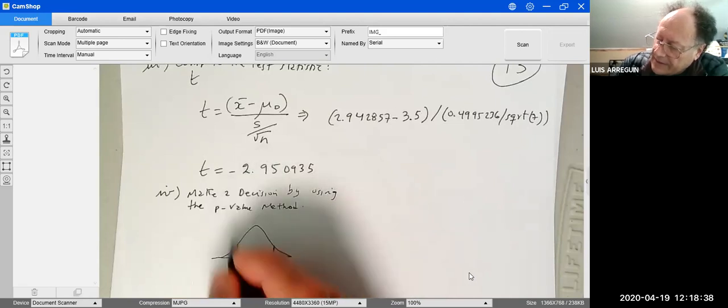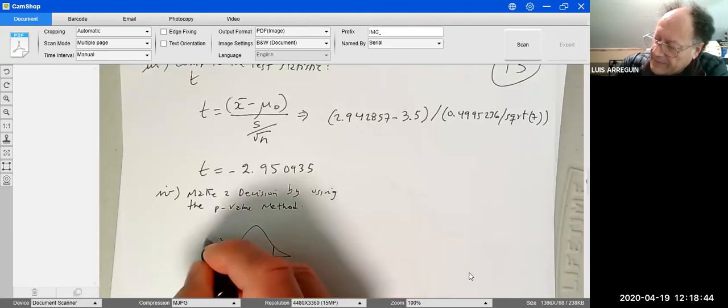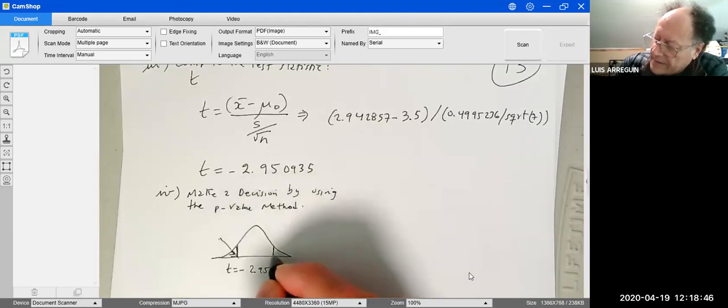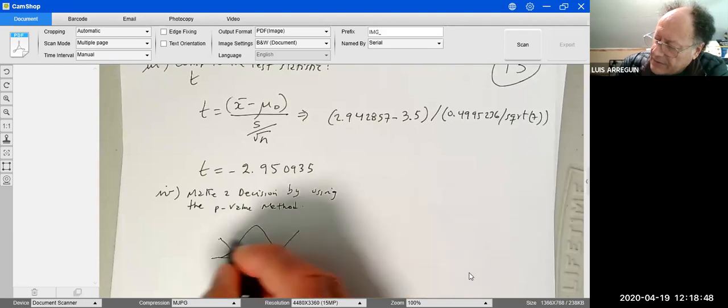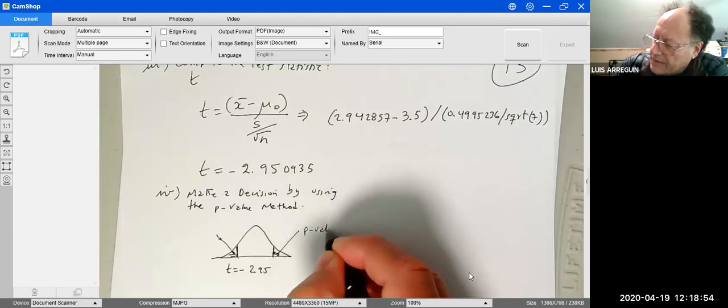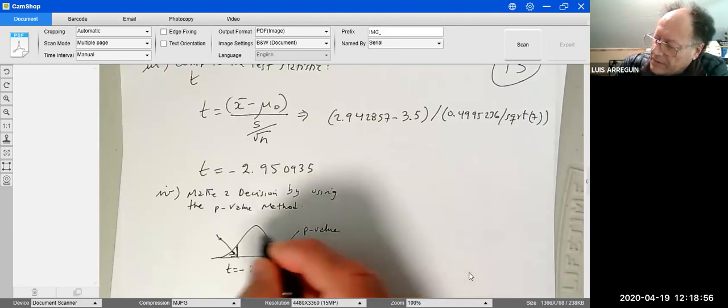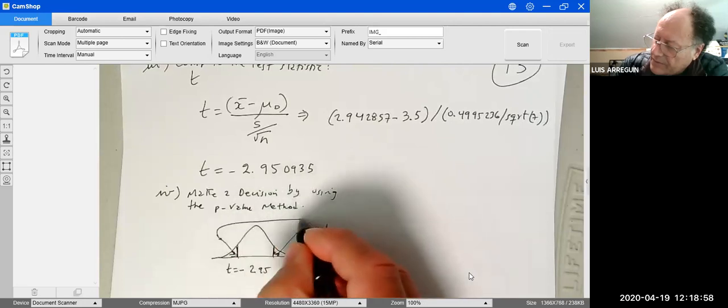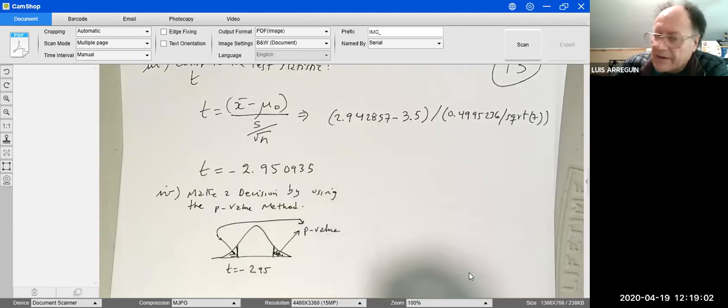So we have t here equals negative 2.95. So this and this are going to be used to get the p-value. So this is the p-value, and this is also the p-value. Both areas together are the p-value.